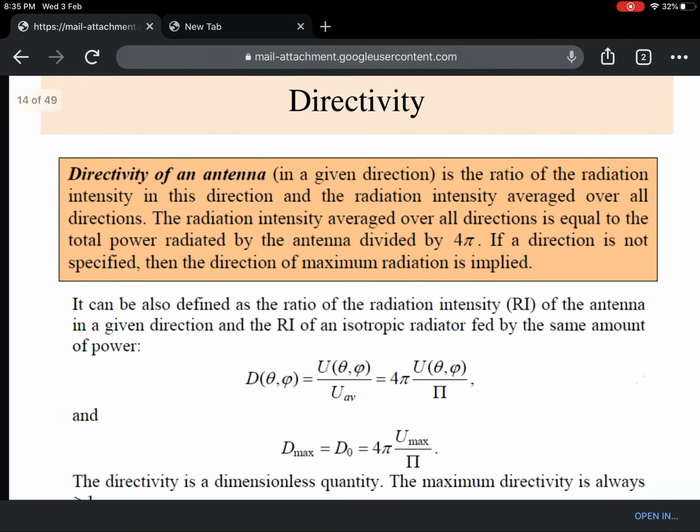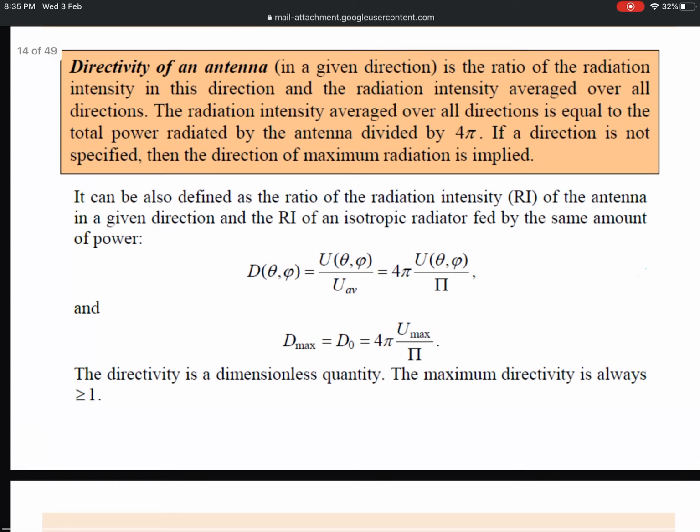Now whatever directivity I have defined, people generally understand as absolute directivity. Whenever they say that the antenna is directive, or the directivity is of this much value, they want to physically tell that your antenna is directive in a particular direction by this much when compared to an isotropic radiator.